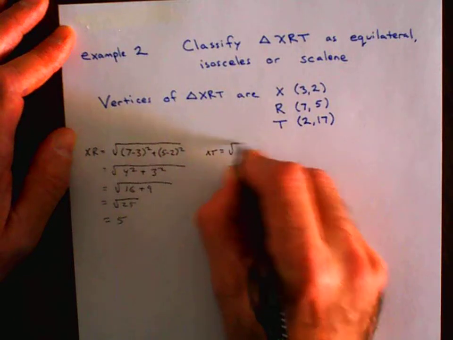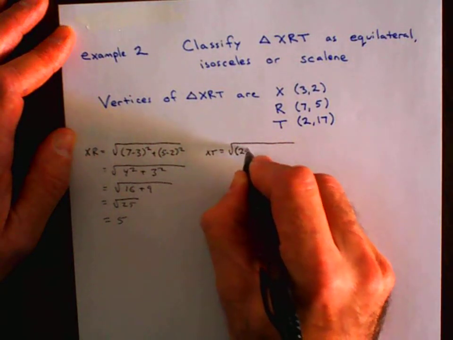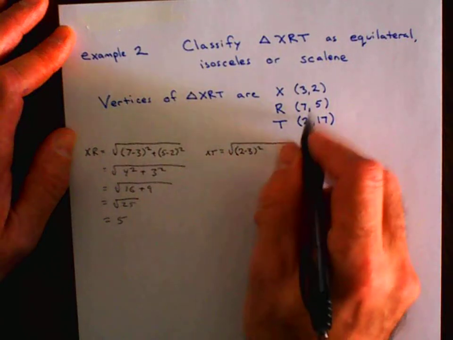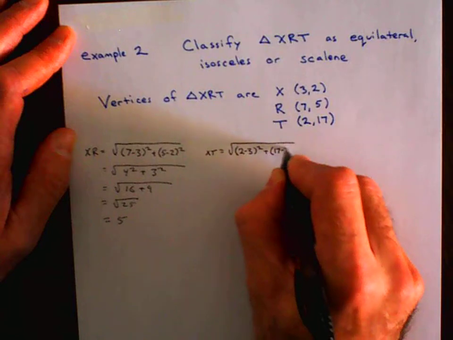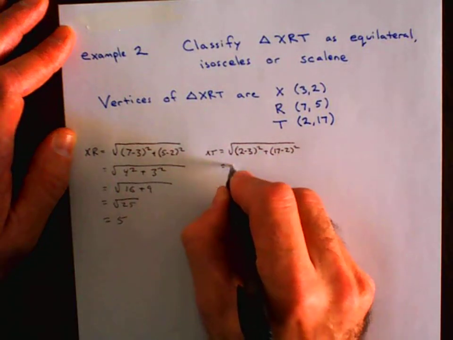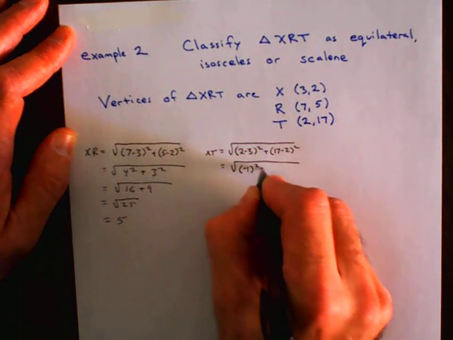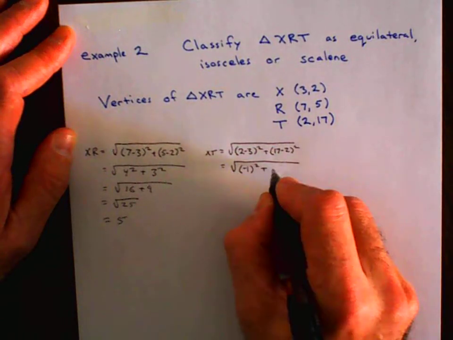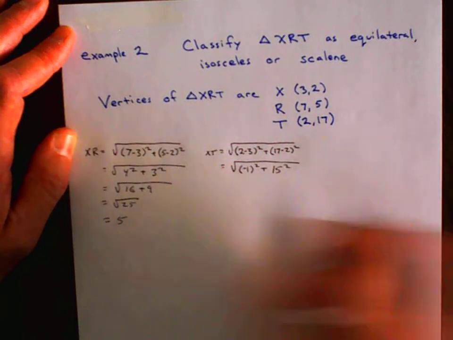XT would be the square root of (2 minus 3) squared plus (17 minus 2) squared. That gives me the square root of negative 1 squared plus 17 minus 2 is 15 squared.